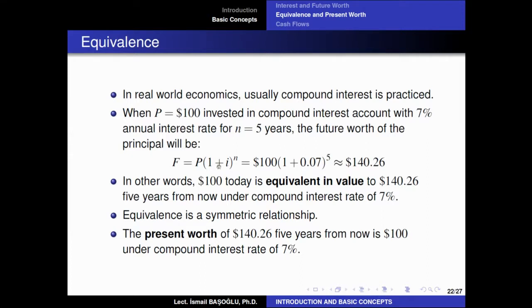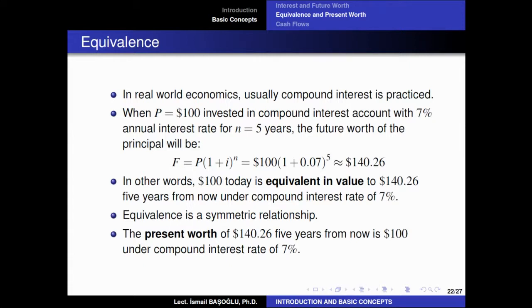So according to this statement, $100 today is equivalent in value to $140.26 5 years from now. But this is only equivalent under a compounding interest rate of 7%. Now, I am going to ask you this question.